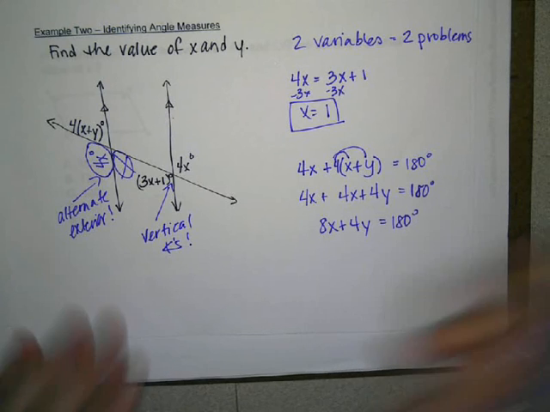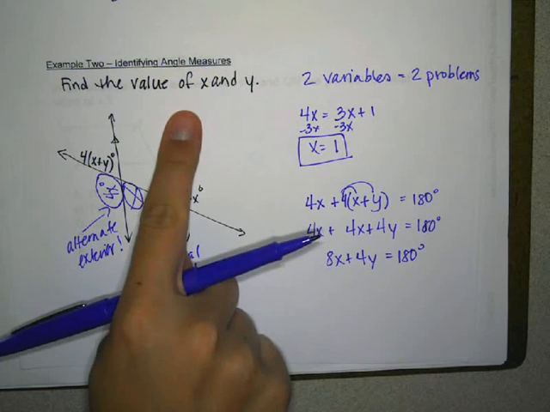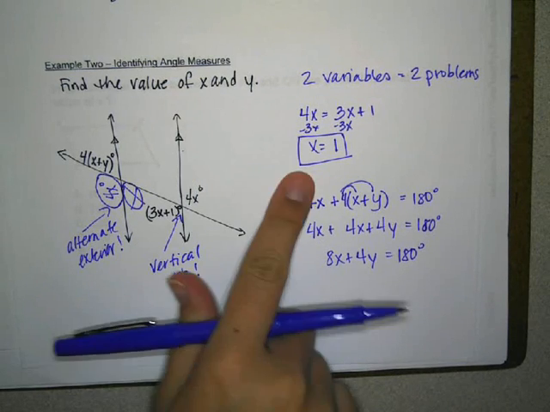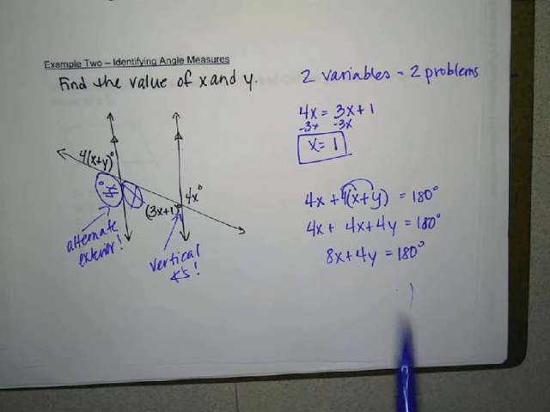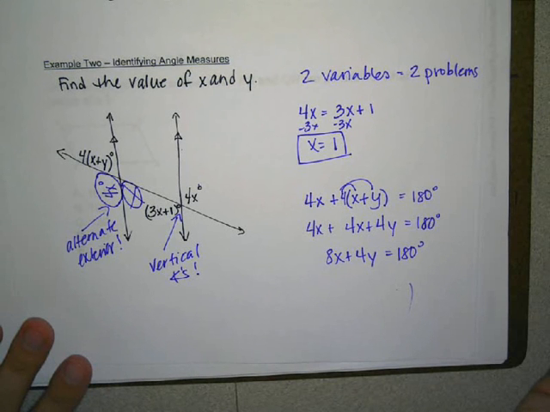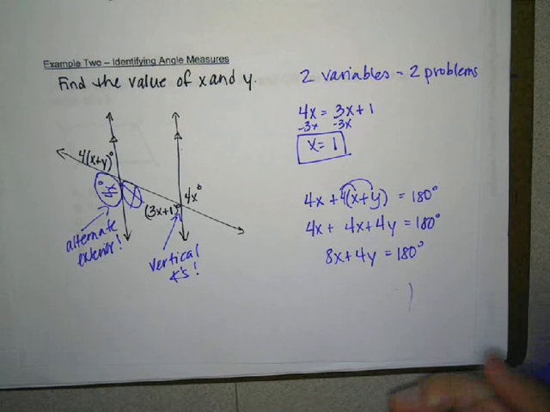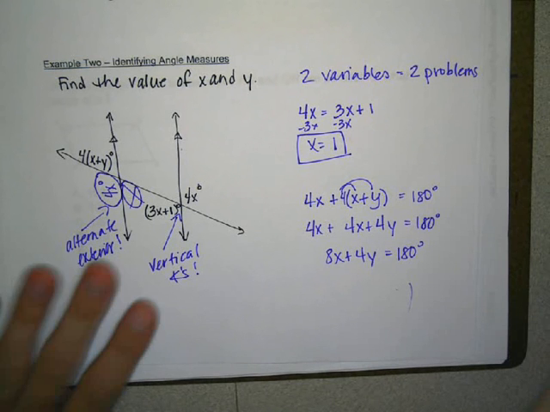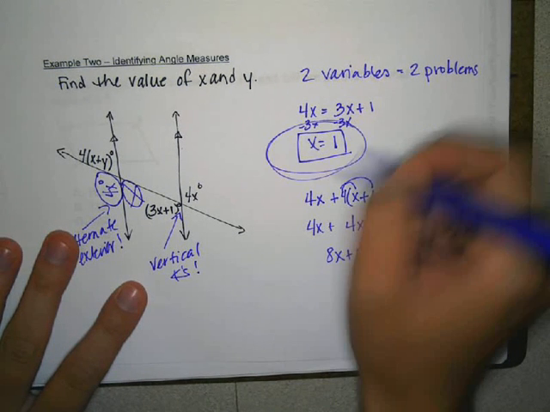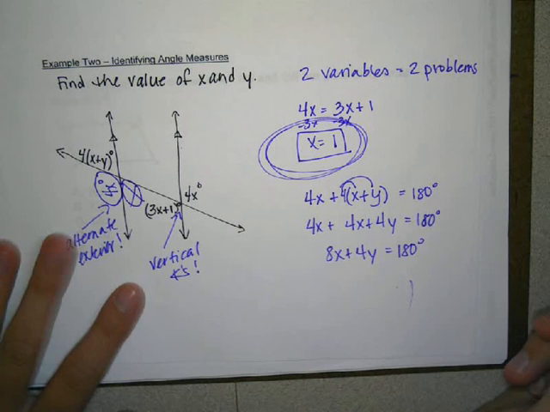Remember, the goal of this problem is to find the value of x and y. I already have my x value. How do I find my y value now that I've simplified down as much as I can? You could do that, but I'm still going to have two variables. Yep. I already found out that x is equal to 1, right? So now I can use that any time in the problem.